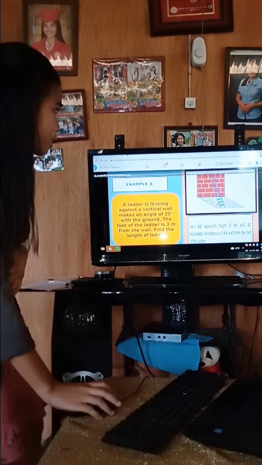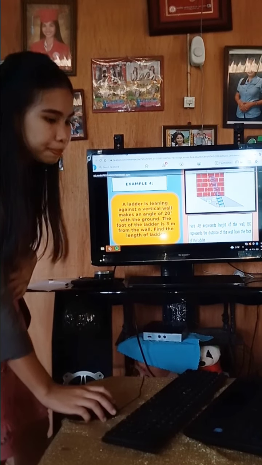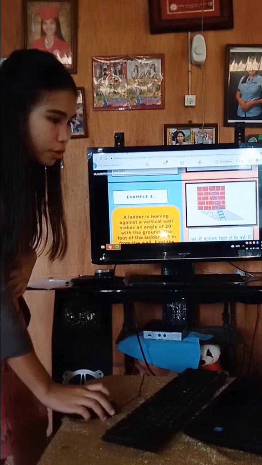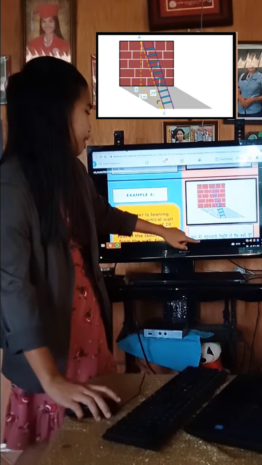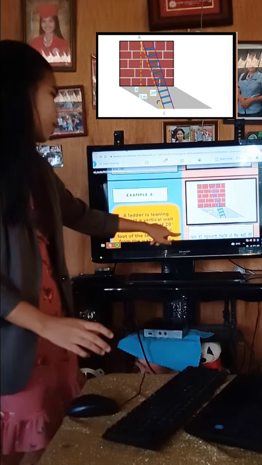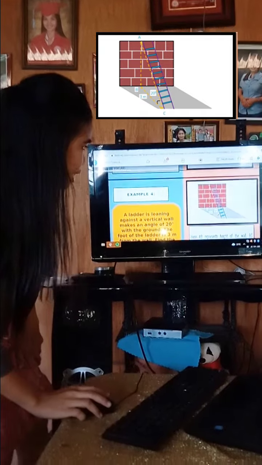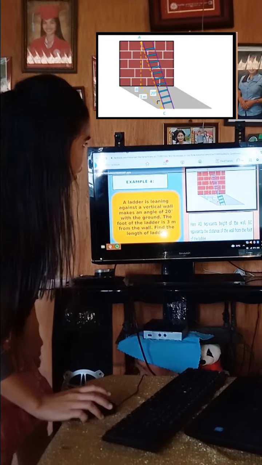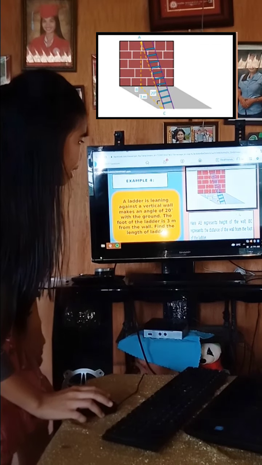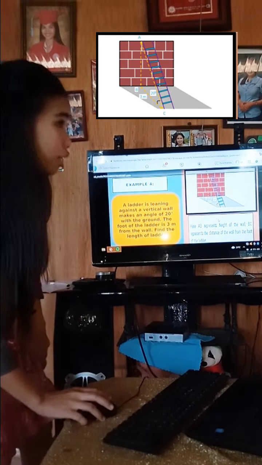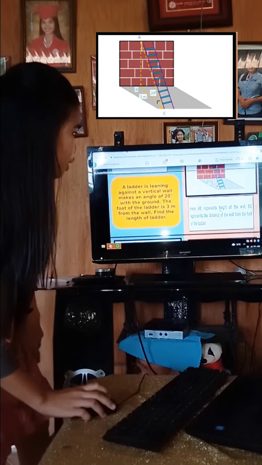So here is our figure. AB represents the height of the wall, and BC represents the distance of the wall from the foot of the ladder.